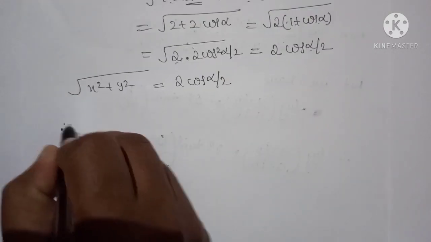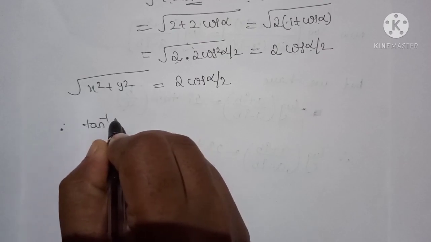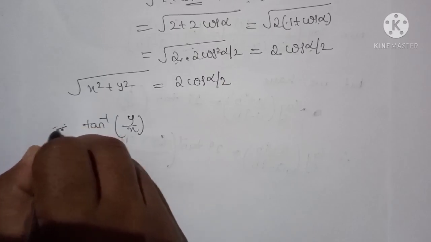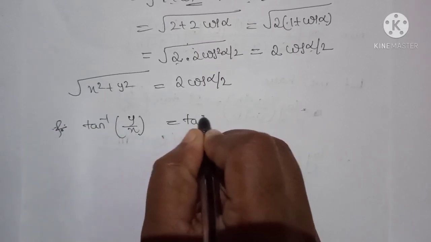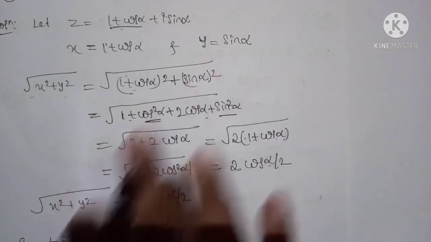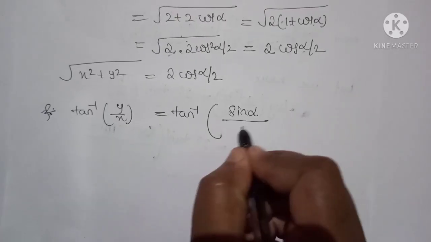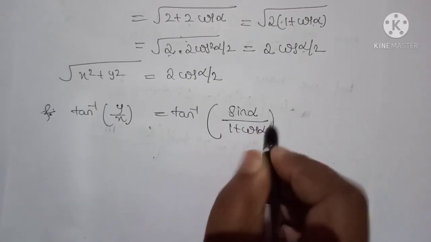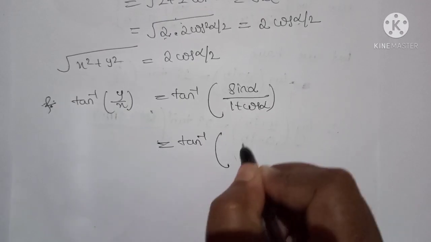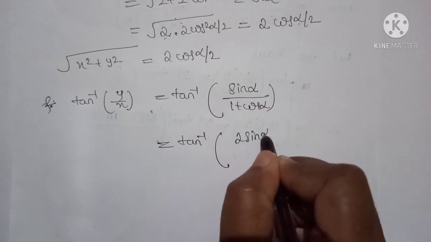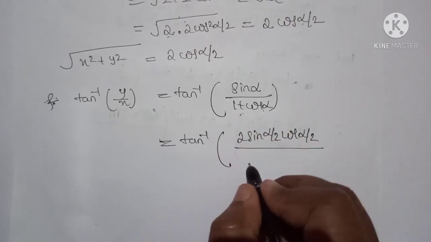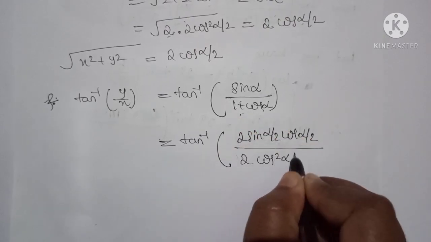Now we require tan inverse of y by x. Here y is sin alpha and x is 1 plus cos alpha. Now we substitute that formula. Sin alpha is 2 sin alpha by 2 into cos alpha by 2, divided by 1 plus cos alpha, which is 2 cos square alpha by 2.